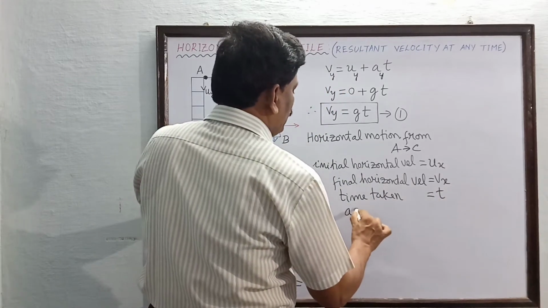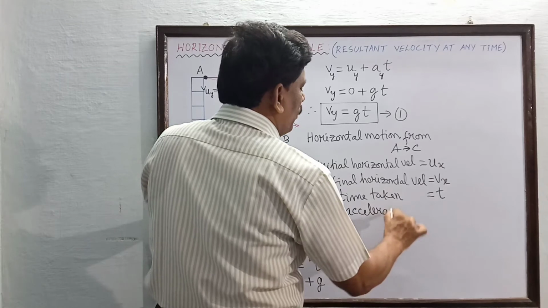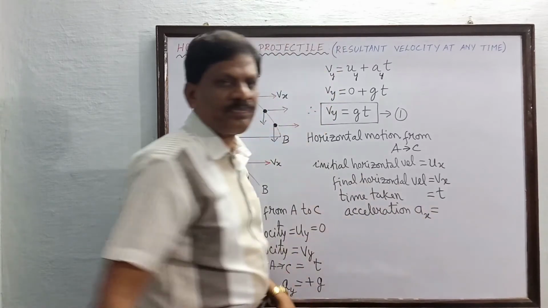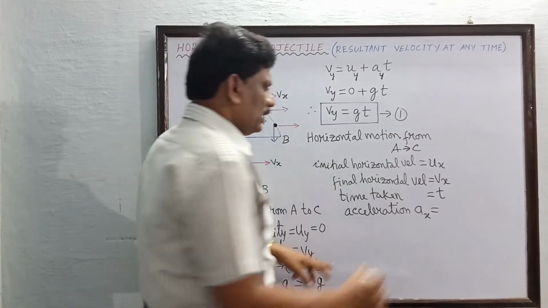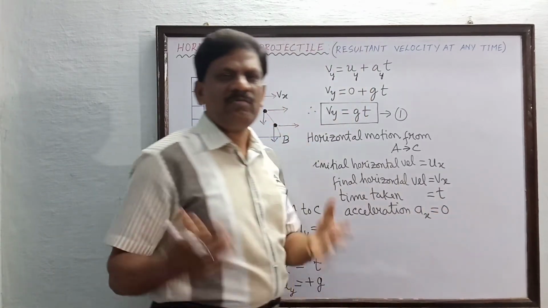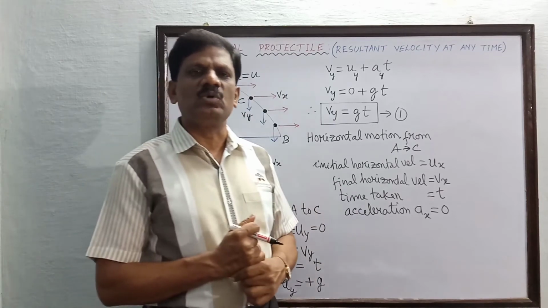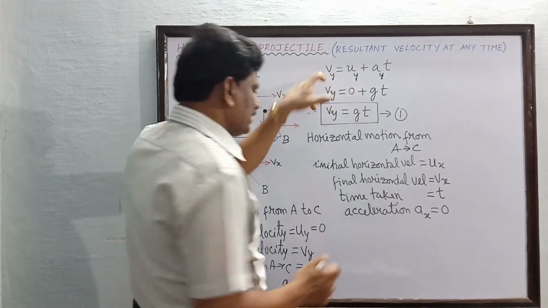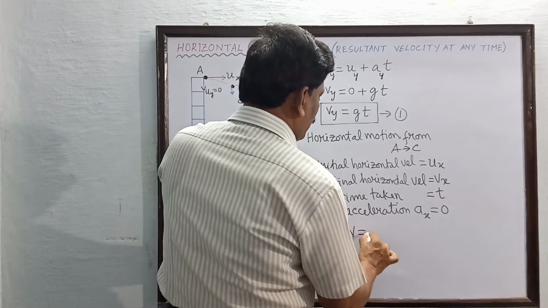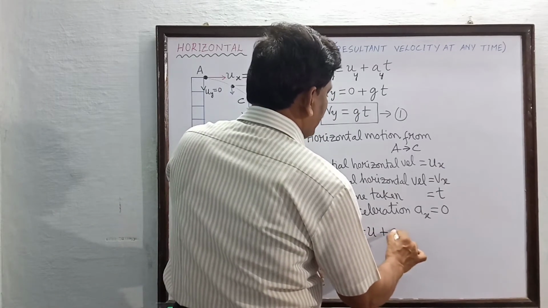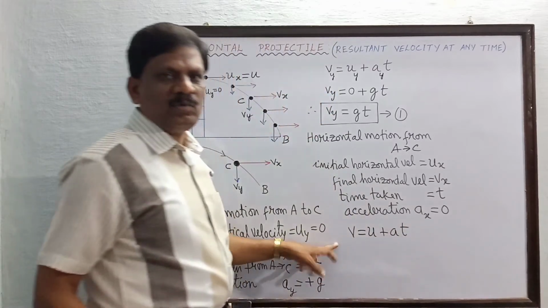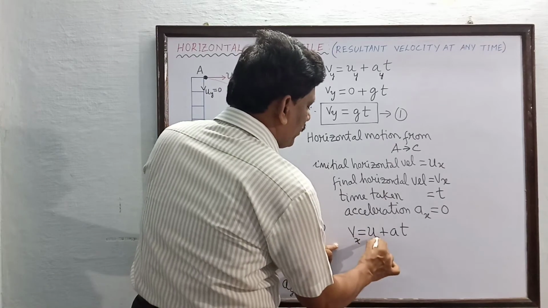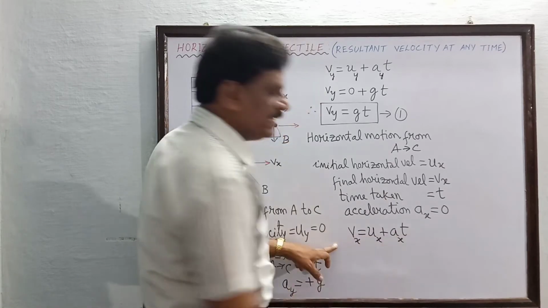Now tell me, along the horizontal direction, what must the acceleration ax be equal to? Yes, it is 0, because there is no force acting along the horizontal direction. Once again I use the equation v equal to u plus at. Since the motion is along the horizontal direction, Vx is equal to Ux plus ax into t.